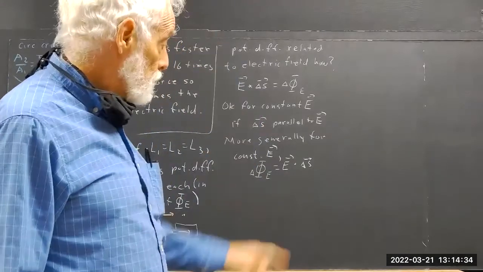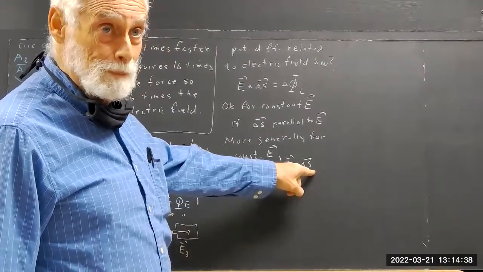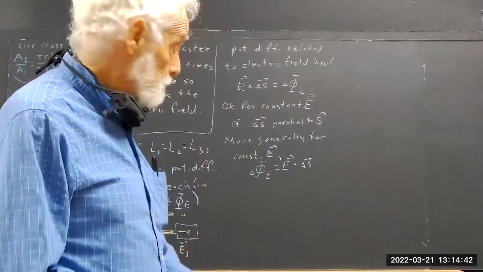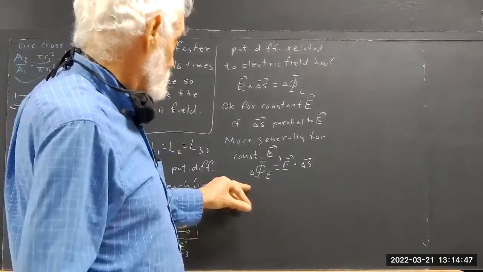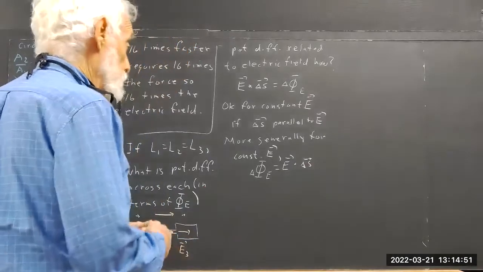You understand that this is just the component of E in the direction of your displacement, parallel to your displacement. And of course, you get your plus and minus sign because your delta phi can be positive or negative, but that's easy to understand.